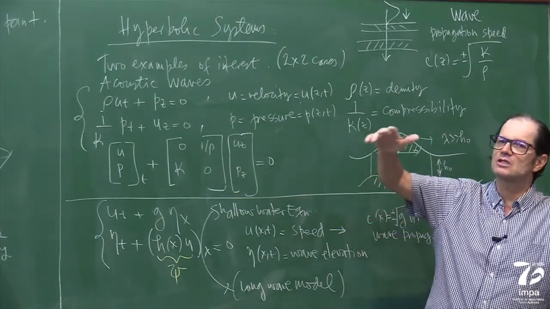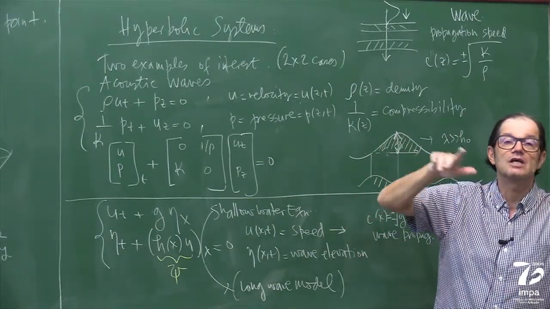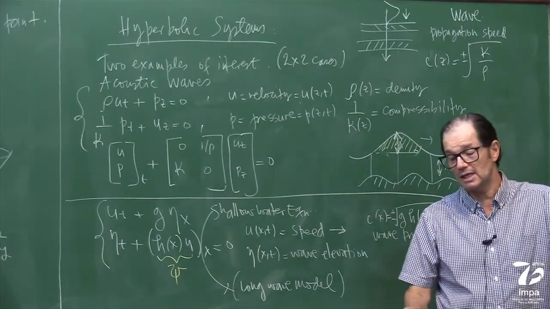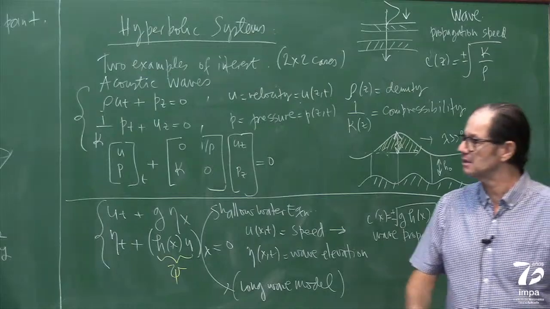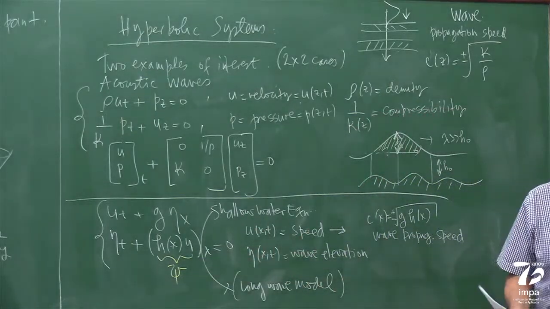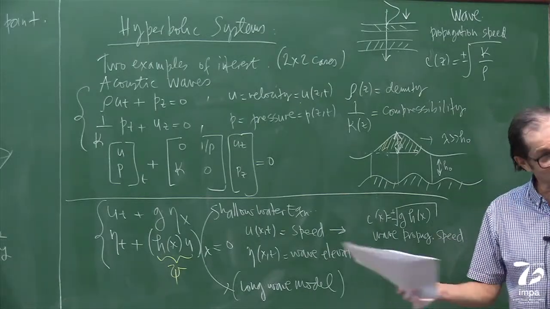It's like using the waveform to infer the depth variations in the bottom. Okay, it's not an easy problem, but it can be done, but not with this model, with something a little more sophisticated. Okay, so good question. Makes sense, but not with this model.